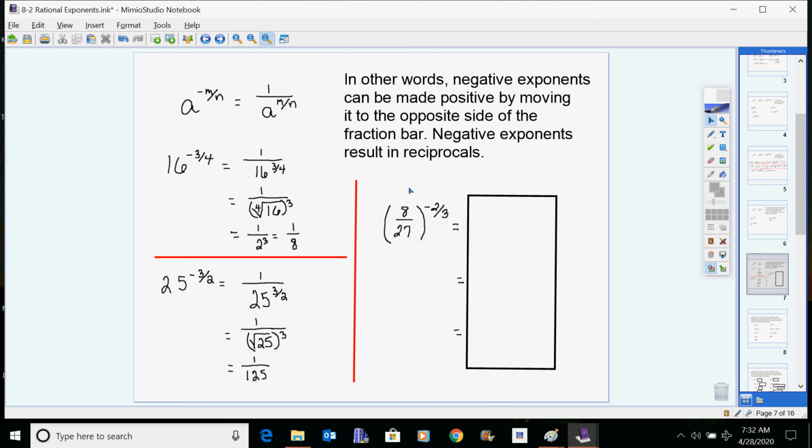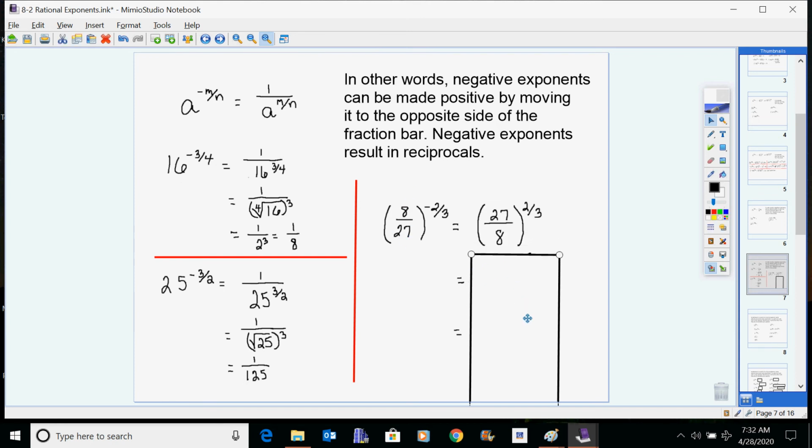This one, yes, you could technically, if you want to, do 1 over 8/27, but usually when people do that, they make mistakes and get confused. The reciprocal just means flip it over. Like when you take 16, you're really taking 16 over 1 and flipping it over. This one is just flip over the fraction, 27 over 8 to the 2/3 power.